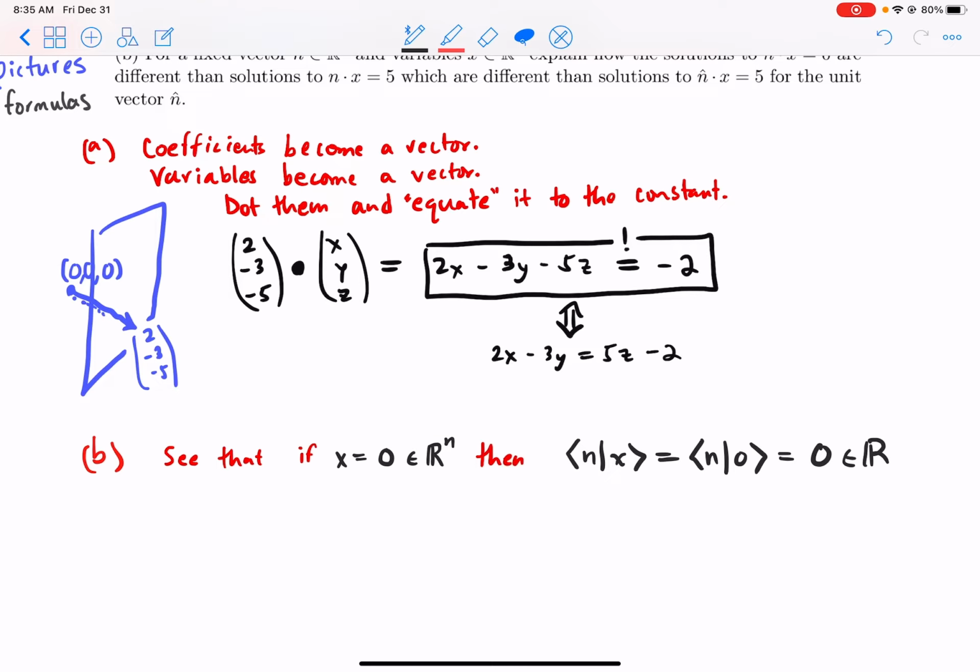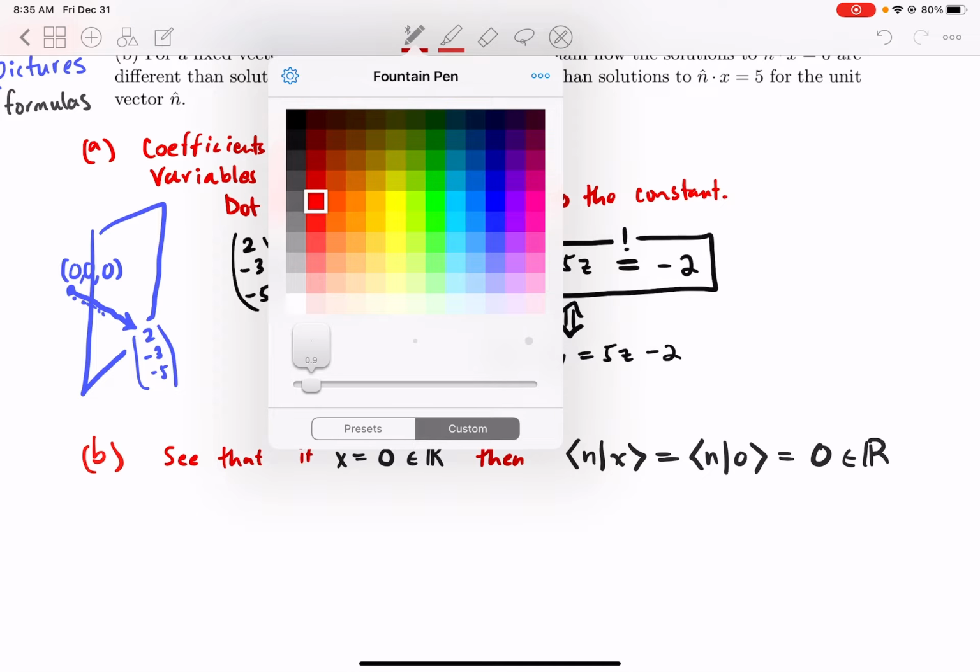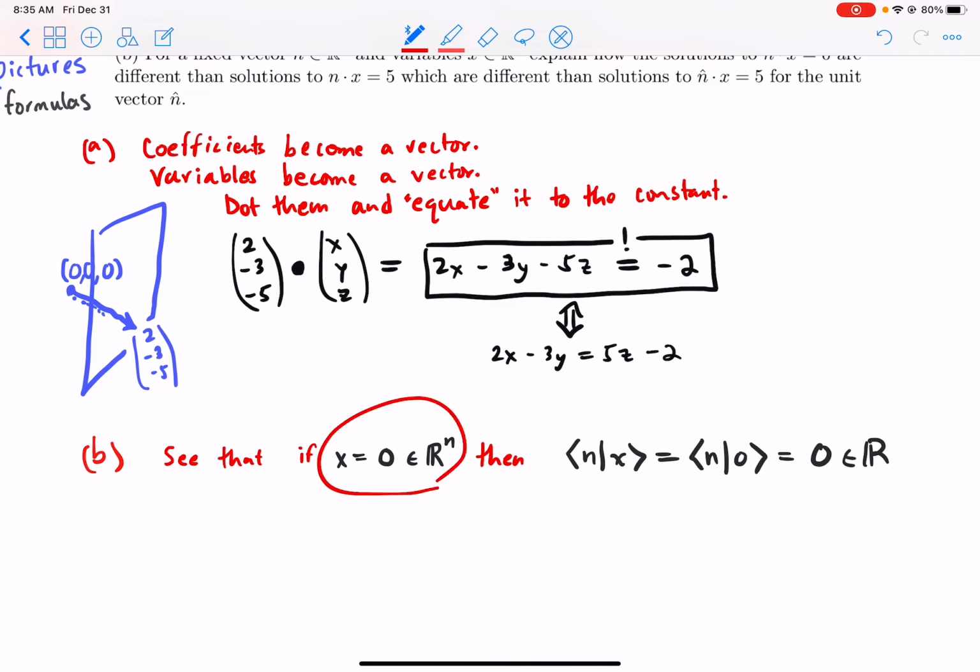You, of course, don't have to color code your answers, but I'm color coding them to see how the words string it together. So now in words, I'll say what this means. Plugging in x equal to the 0 vector, right there, that's the 0 vector, and here's the 0 number. These are two completely different zeros, right? This 0 vector is really (0, 0, 0), some amount of zeros, and this 0 number is just 0, the number.